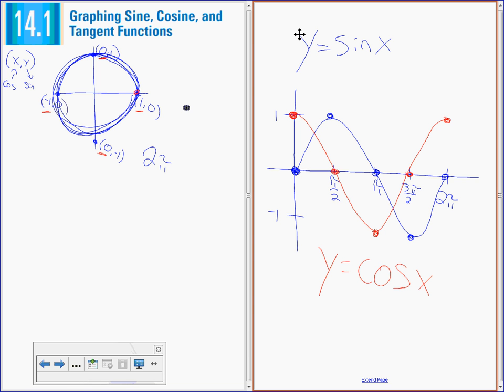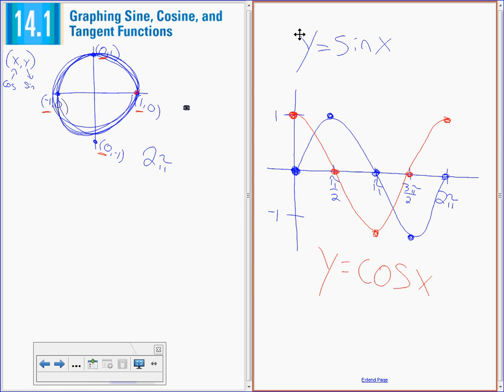Now, this isn't always the only thing you have to worry about when we're looking at sine and cosine graphs, because what fun would that be? A lot of times what we have to do is look at what are called the generic forms of the sine and the cosine graphs. And that's our goal today. We are not going to worry about tangents yet.